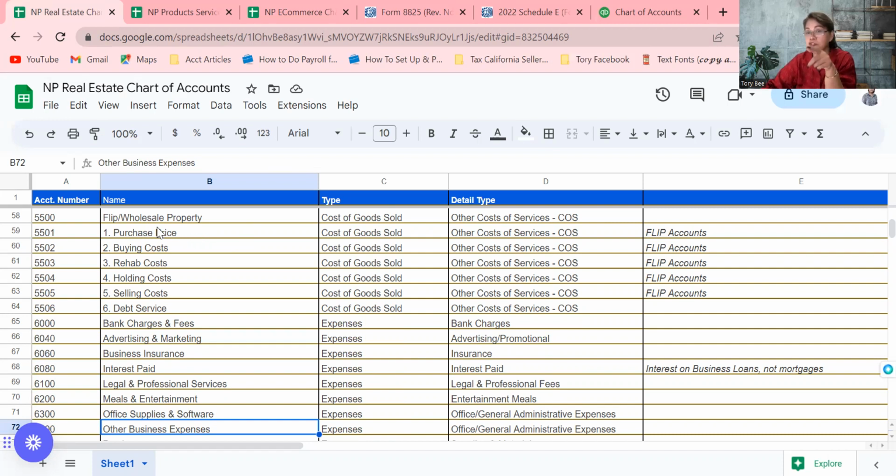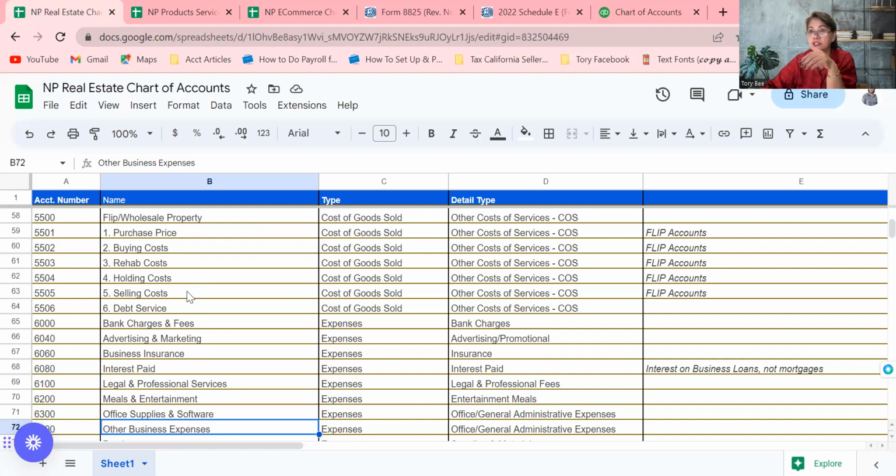So the items here: the purchase price; the buying cost, that's the cost on top of the purchase price; rehab costs, those are the materials and labor costs. Holding costs are the ongoing costs while the project is not yet done, like utilities, tax, insurance.